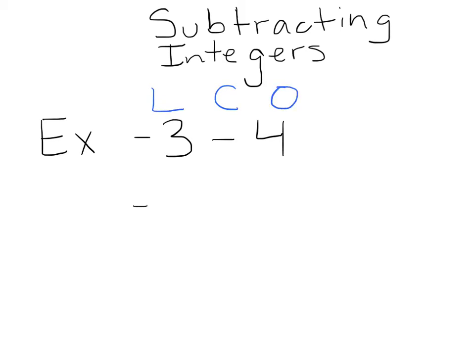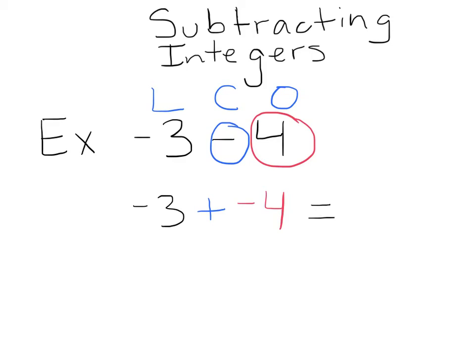Leave the -3, change the subtraction to an addition, and then the opposite of +4 is a -4. Once again here, I will use my rules for addition, and since both of these happen to be negative integers, I will add them. 3 plus 4 is 7, and since they have the same sign, I'm going to keep that sign, which will be a -7.